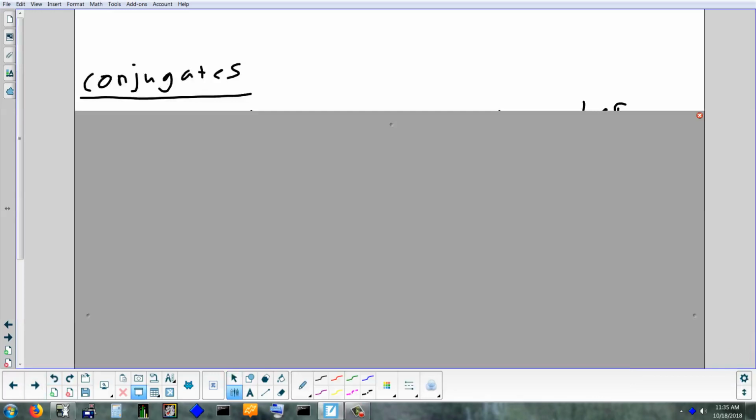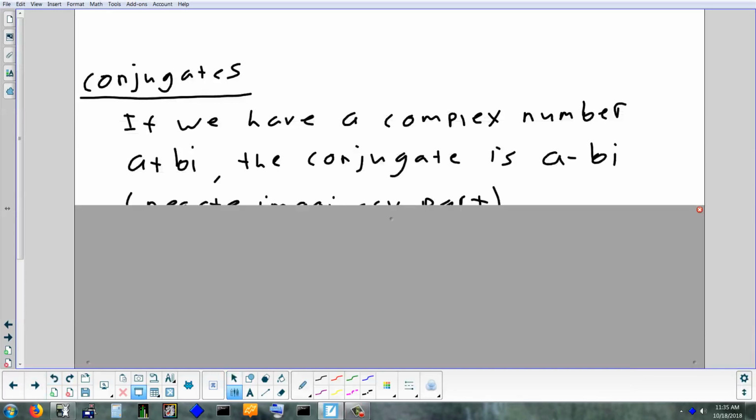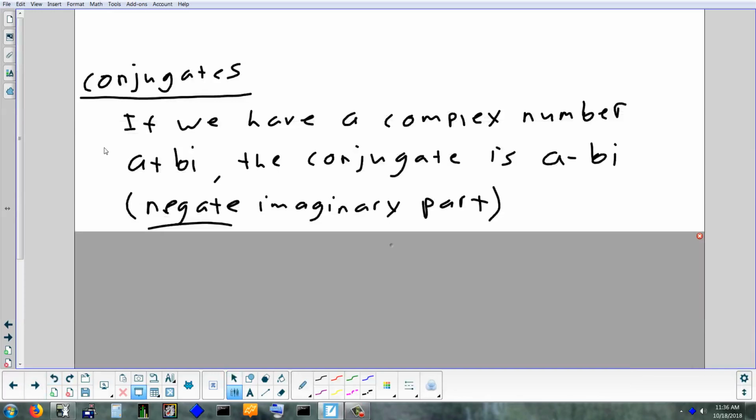Okay, so last thing we're going to review before we look at finding some roots is division. But to do division, we have to know what a conjugate is. So, very simply, a conjugate is just the complex number, but you change the sign of the imaginary part. That's what negate means.